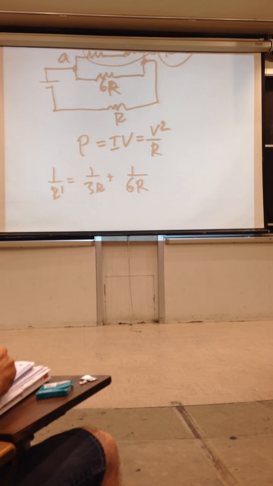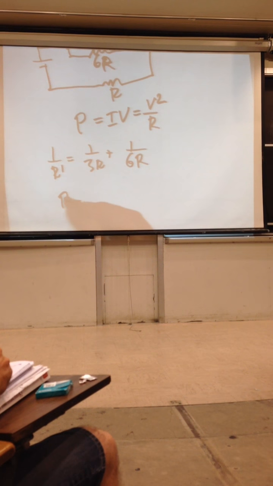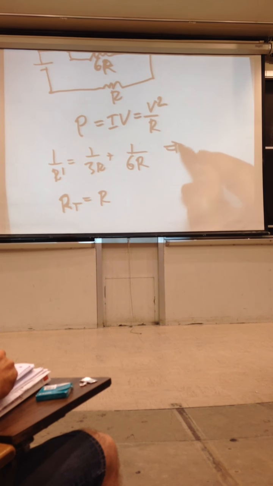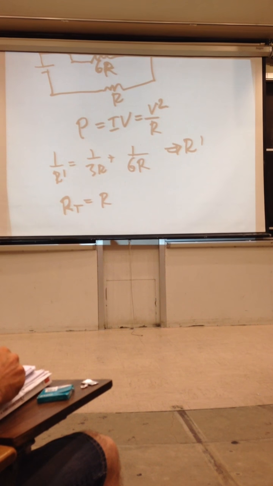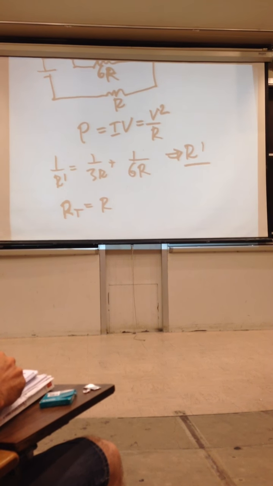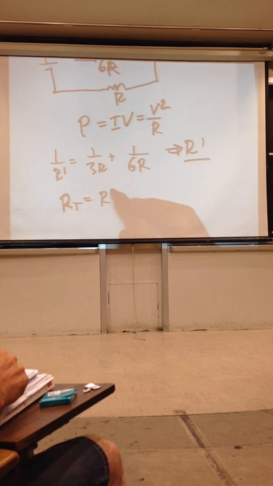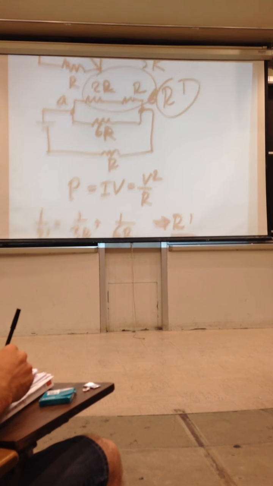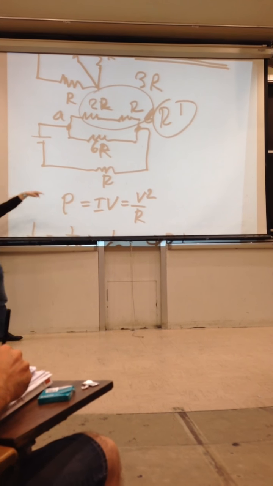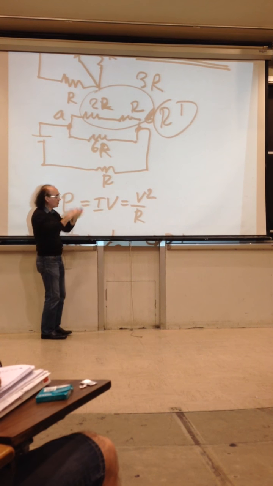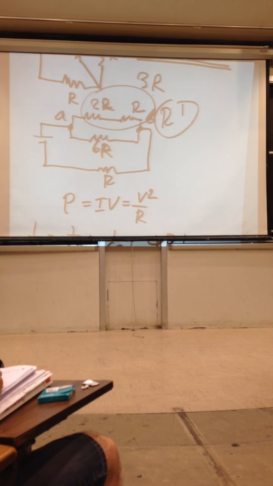Now, what is the total? From here, determine R prime: determine the inverse and take the inverse of that to get the resistance itself. R prime plus R is the total, because this R is connected in series with them. Determine R prime plus R, total resistance. What is the total current?